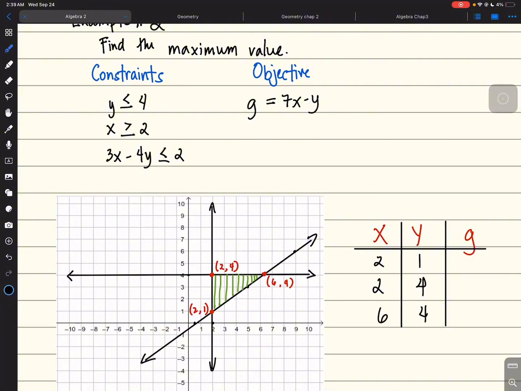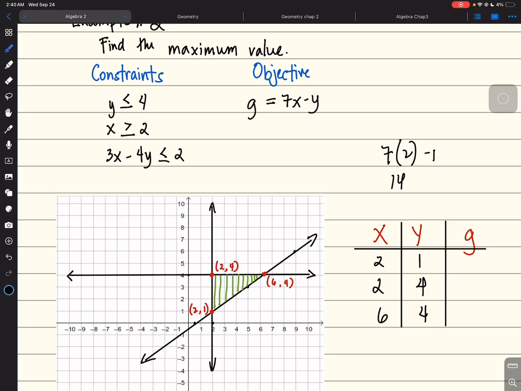What is x? That is 6. Now, substitute these values for x and y in this objective so that we can get the first g. So let's say x is 2 minus 1, that is y. Automatically, because this is positive, multiplying it gives a negative number.